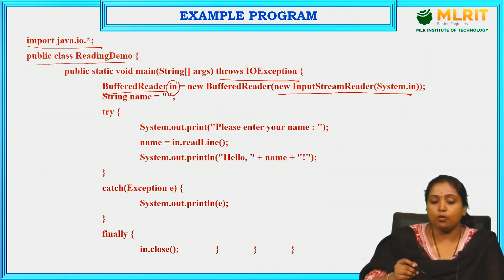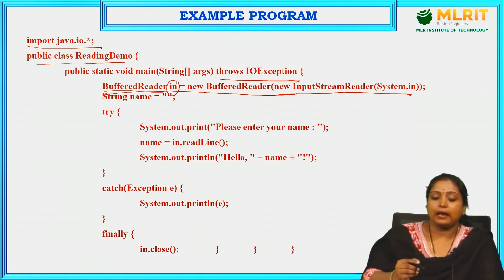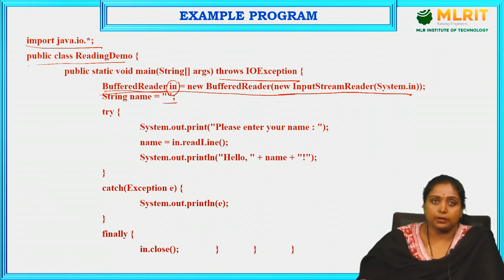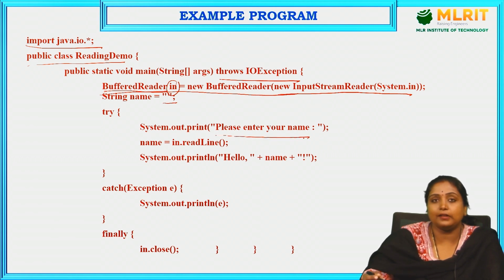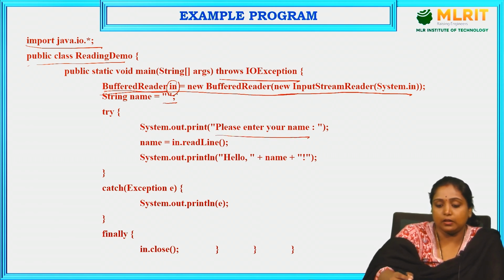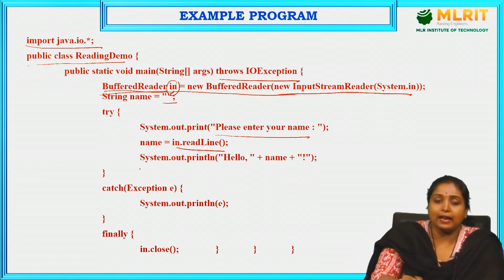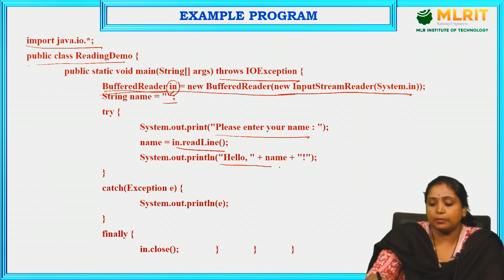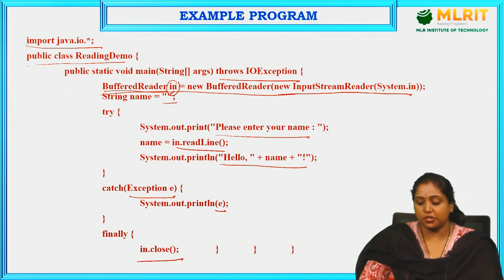And string name, I'm taking an empty string. Okay, so try. I have to print, please enter your name. Using this object, readLine is a method which is used to read a line of text from the console screen. And System.out.println, you are printing hello name. If an exception occurs, I can catch the exception and give a message. Finally, I have to close the particular input stream.